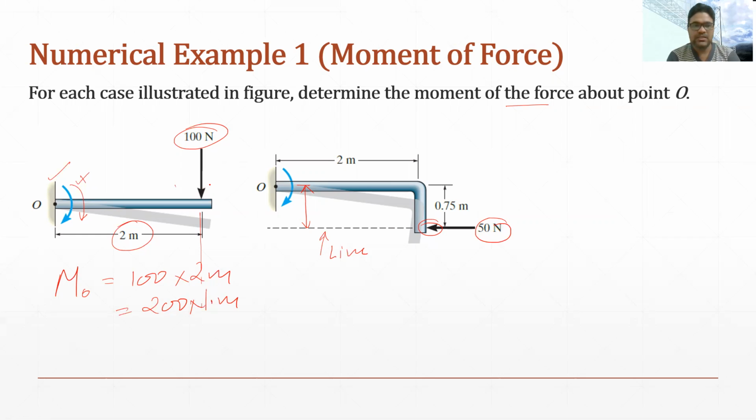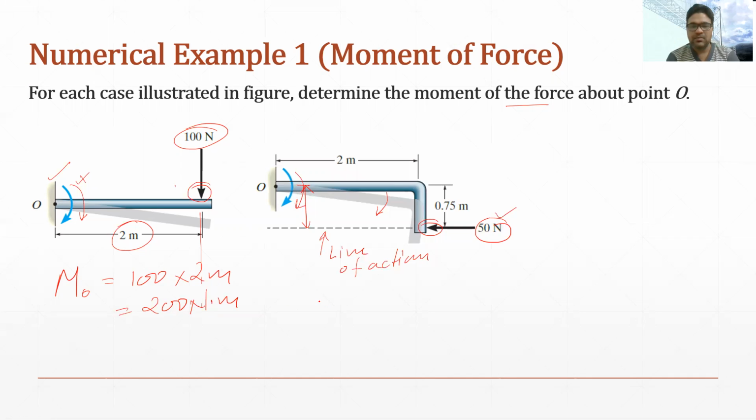In the previous case, the sense of the force was downward. So this is the line of action. In this case, the moment will again be clockwise. You can see in the image, in the shadow, the rotation is also shown, and it is rotating like this because of the effect of this force.